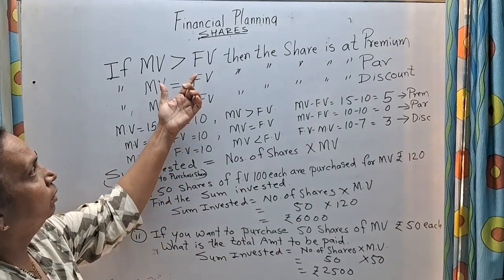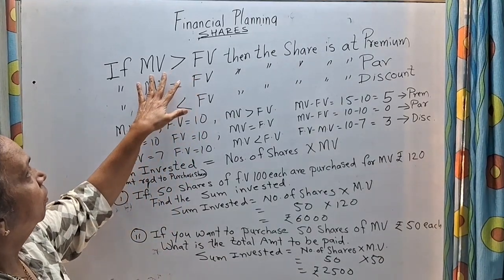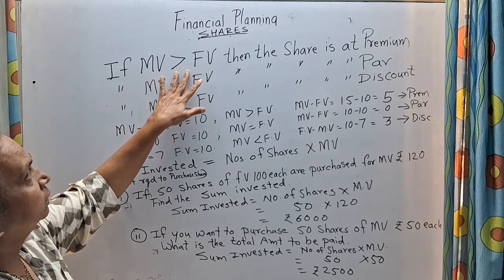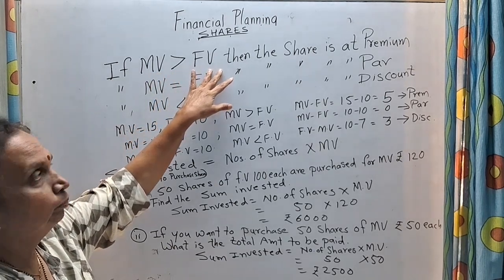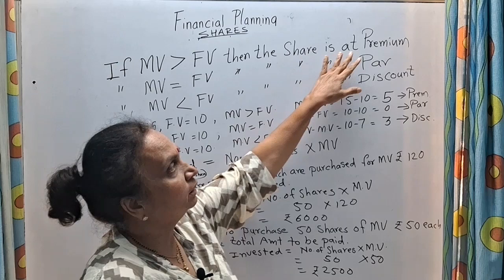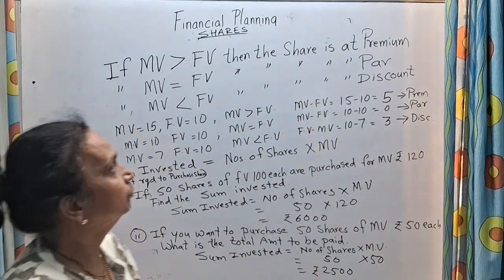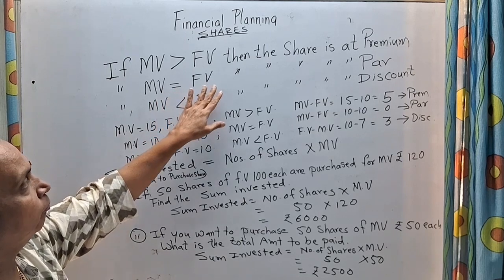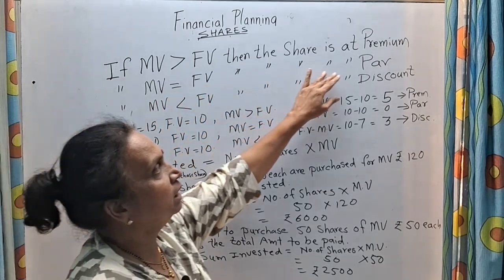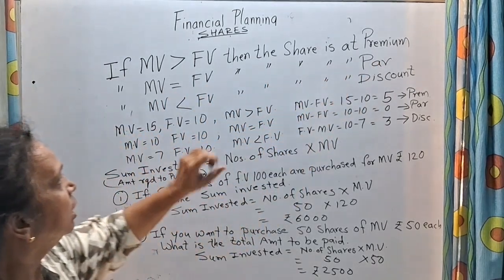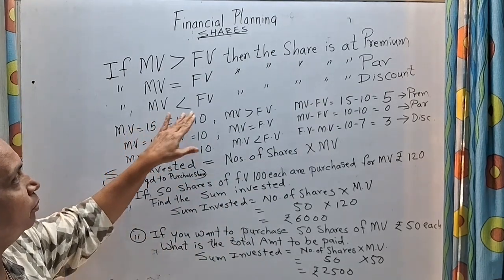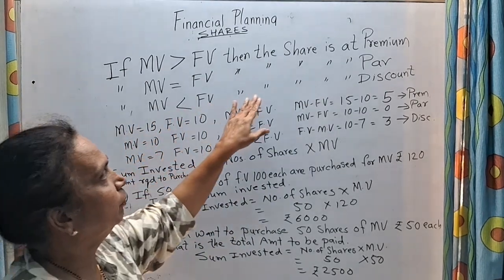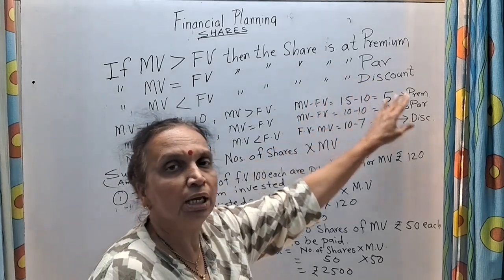Now see the formula: market value, if it is greater than the face value, then the share is said to be at premium, and the market value is equal to the face value, then the share is at par. And when the market value is less than the face value, then the share is said to be at discount.